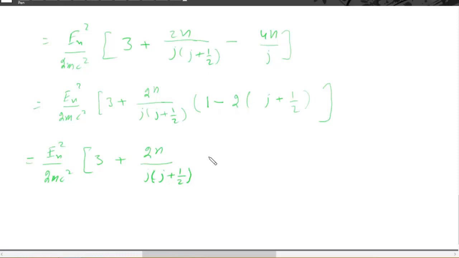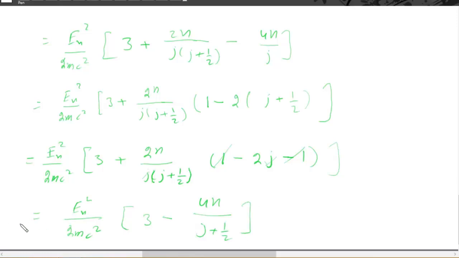Okay, and then we can multiply this 2 into this 2 term, then 1 minus 2j and minus 1. The 2s cancel, and this minus cancels to this term, and then we can write these equations as En squared divided by 2mc squared and 3 minus, here only this term remains, minus 2j multiplied by this is minus 4n, and the j has become cancelled to this j divided by j plus half.